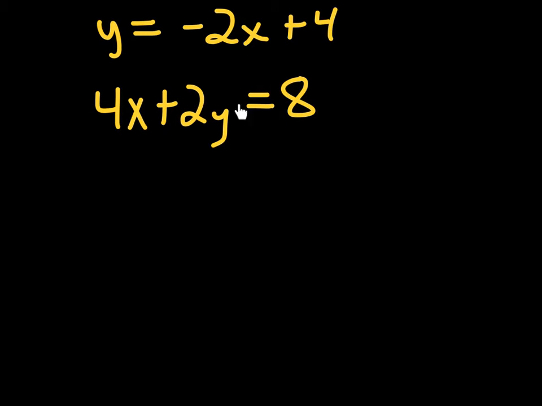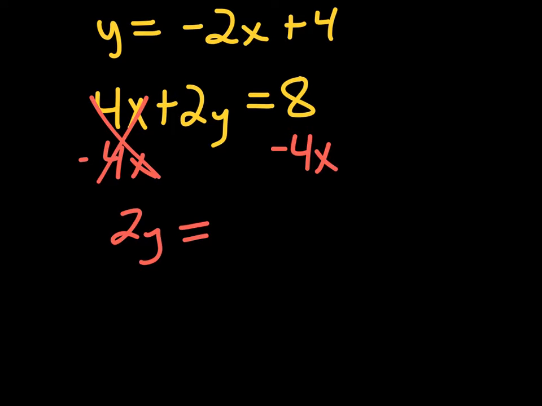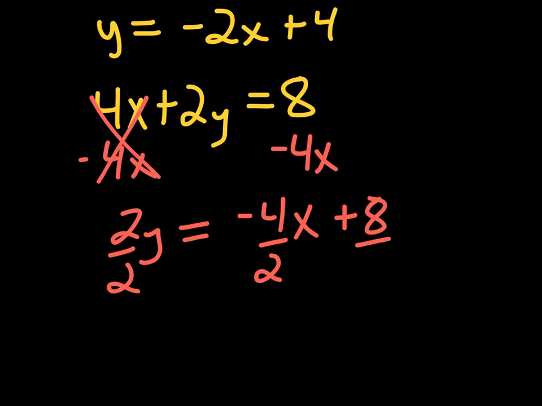I'm going to put this one in y equals mx plus b form as well. So to do that, I'm going to subtract 4x from both sides. That leaves me with 2y equals -4x plus 8, and then I'm going to divide this by 2, and divide that by 2, and I'm left with y equals a negative.